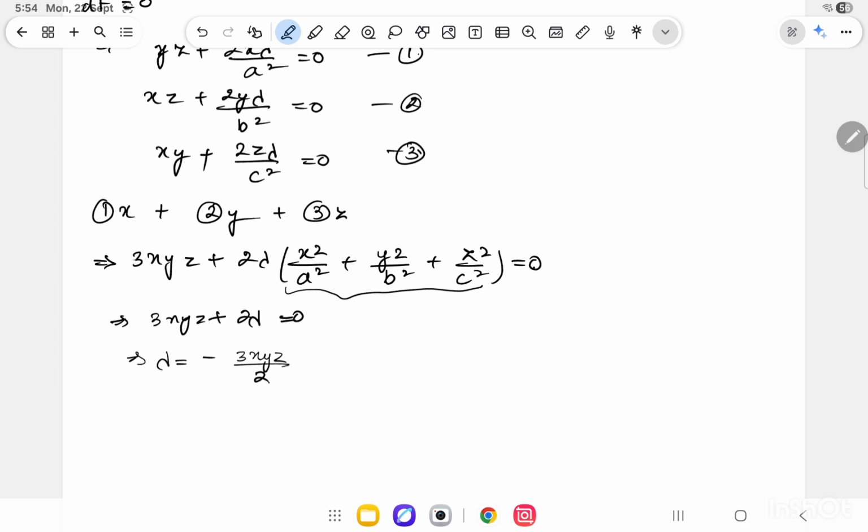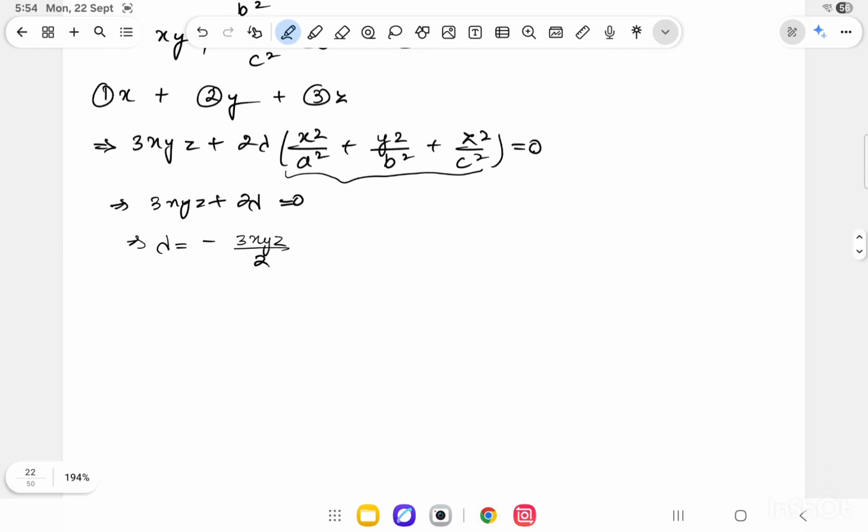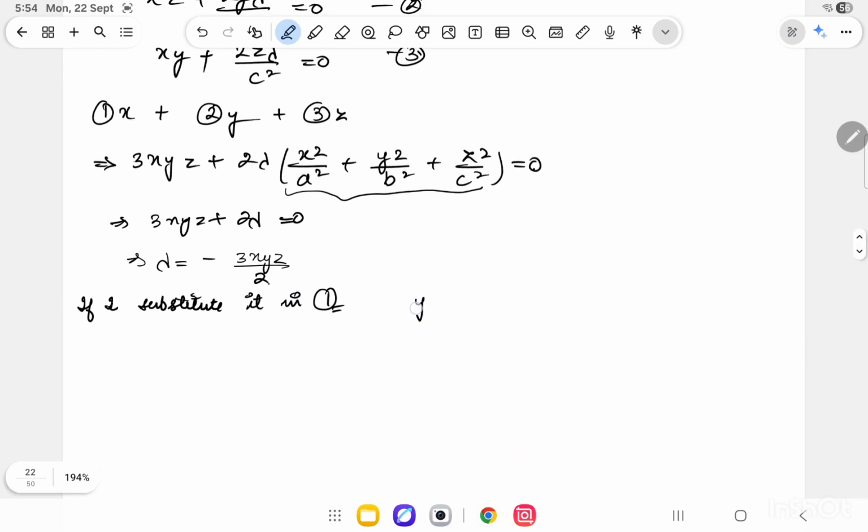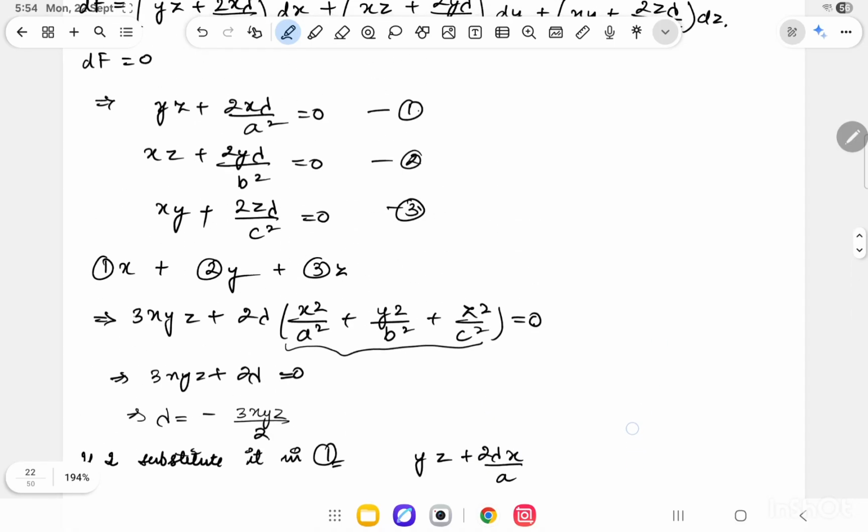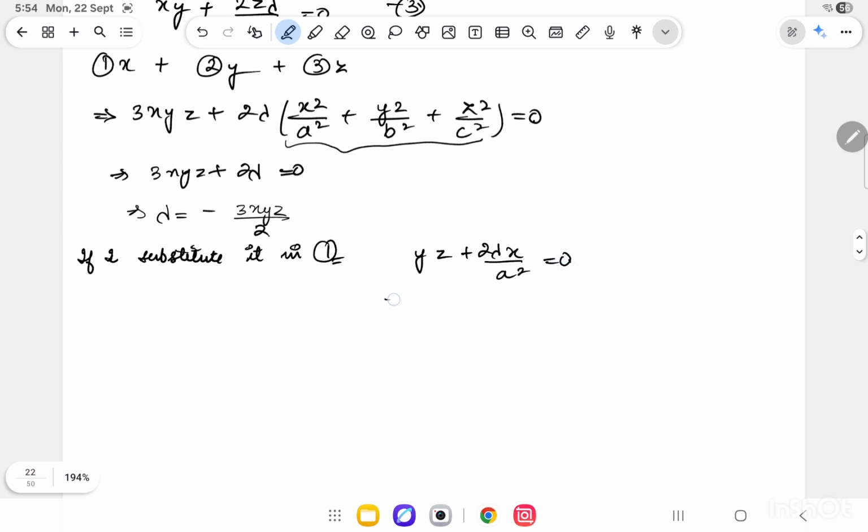Now if I substitute this value of lambda in any of the equations 1, 2 or 3, let's substitute it in 1. I'll get yz plus 2x by a square into lambda, that is minus 3xyz by 2, equals 0.